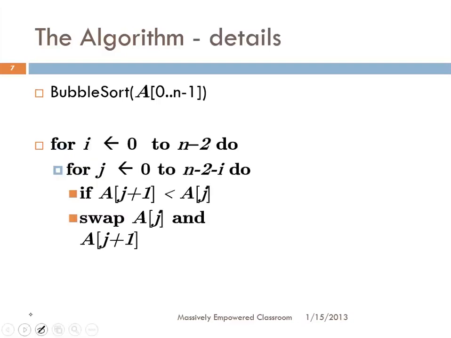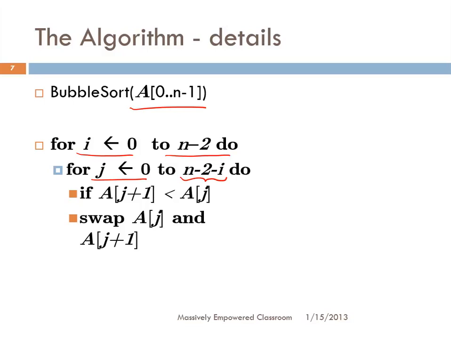Right? Let's add more detail to make it a proper pseudocode algorithm. So bubble sort takes an array of n elements 0 to n minus 1. We loop from i equals 0 to n minus 2, and in the inner loop we loop again from 0 till the unsorted part. After i loops, the last i elements are sorted, so we ignore the last i elements: n minus 2 minus i, right?